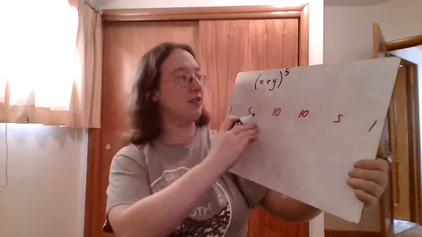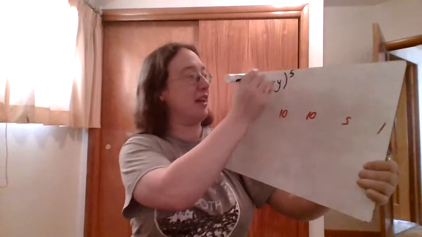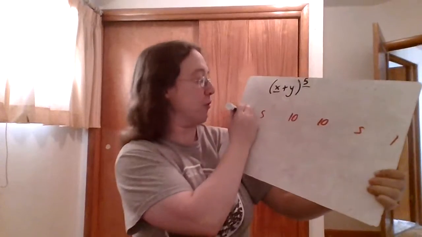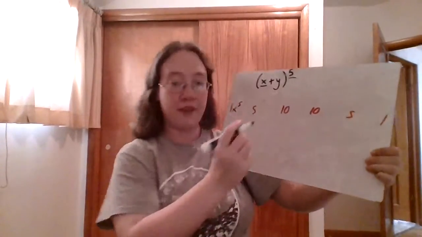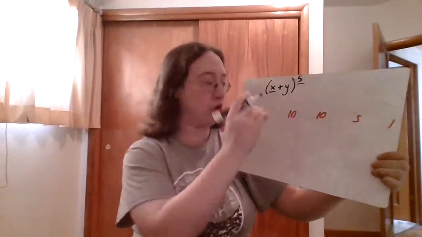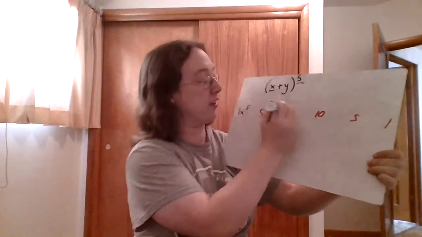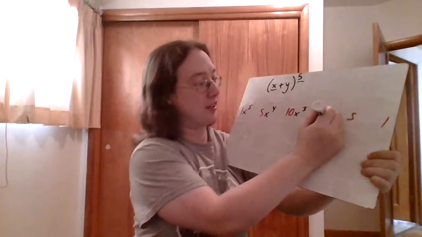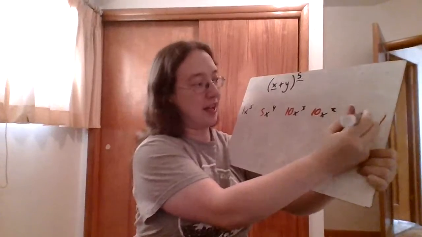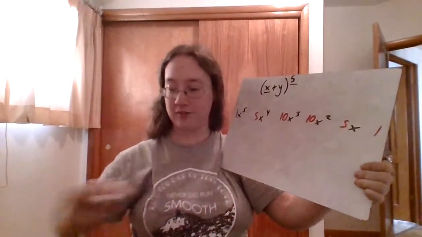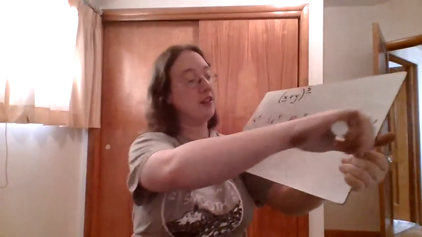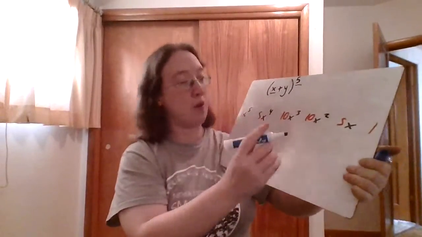And now, the biggest x I'm going to end up with is an x to the 5th. So I'm going to start with an x to the 5th. And then I'm just going to count down in order. So we're going to have an x to the 4th, an x to the 3rd, an x squared, an x, and then this one doesn't get an x. And then we're going to go the other way.